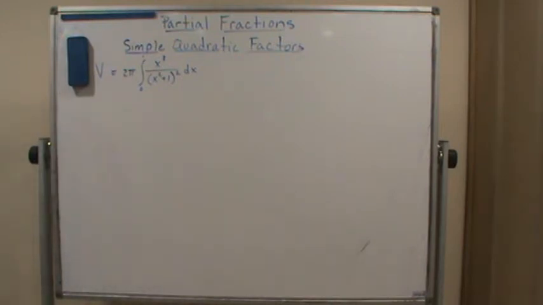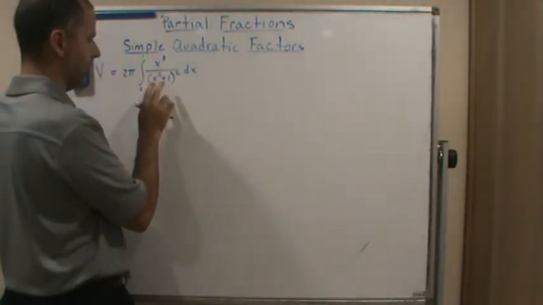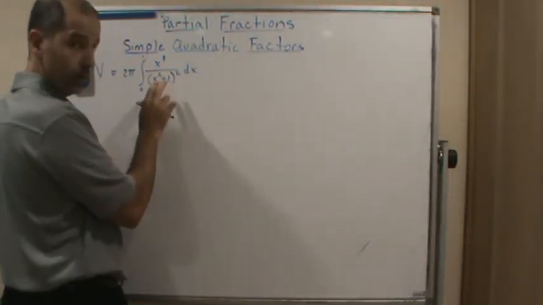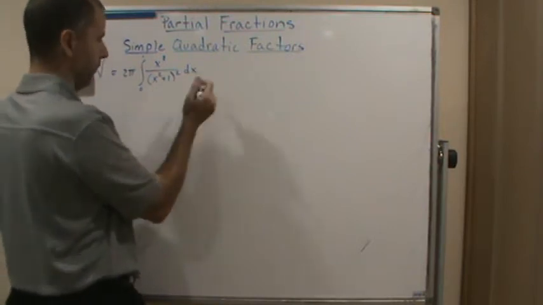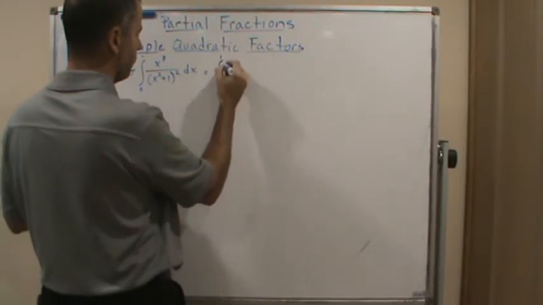So what we're going to do is we're going to set this up using what I said before. Okay, so we're going to set this up because this is a repeated irreducible quadratic factor. So this is going to equal from 0 to 1.